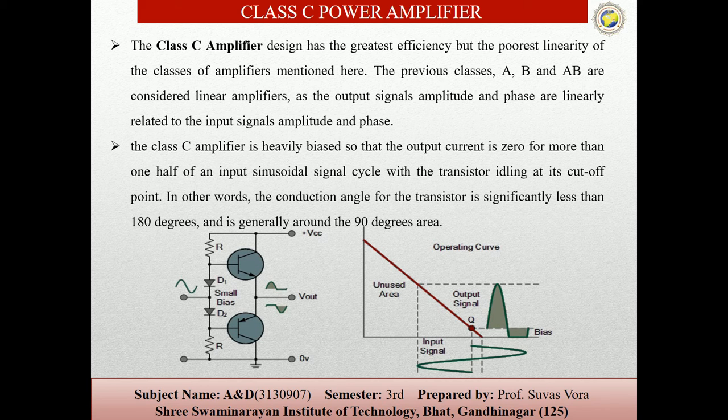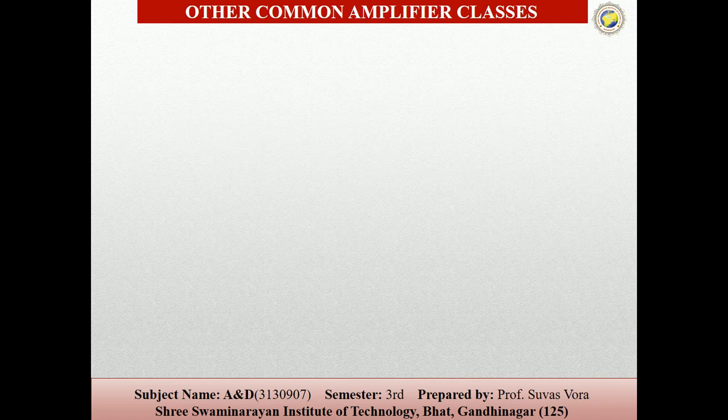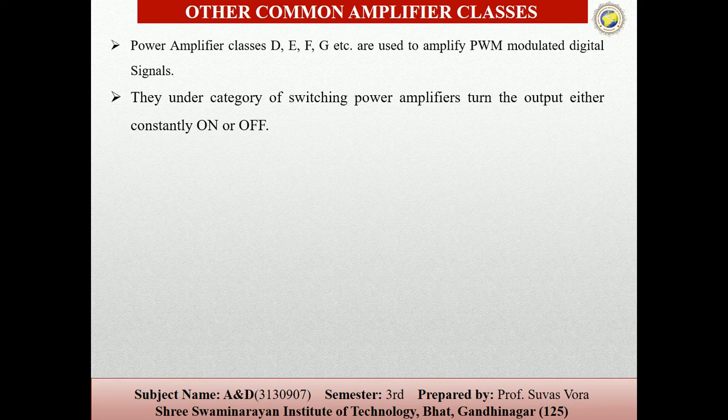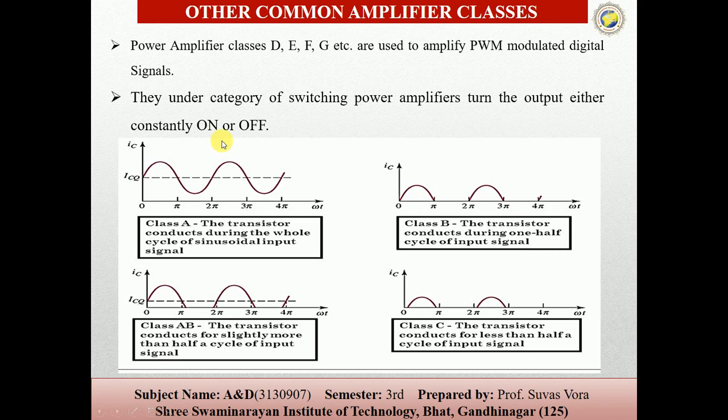So you can see here the same way for class C amplifiers, and the other amplifiers D, E, F, G are used to amplify PWM, pulse width modulated signals. With these PWM modules, the type of pulse we give decides the type of output we get. So you can see here, in class A the output is full wave, class B is half wave, and class AB gives the full wave with the half wave.